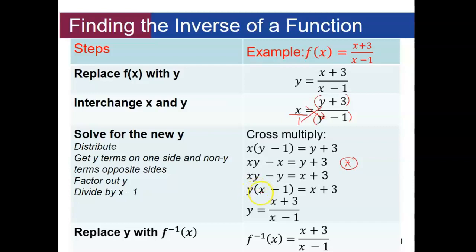And then now that allows us to divide both sides by the x minus 1 so that we can cancel this. And then that leaves us with our inverse. So this is the inverse of what we started with. So it turns out it's its own inverse.